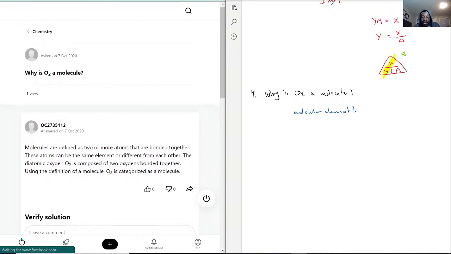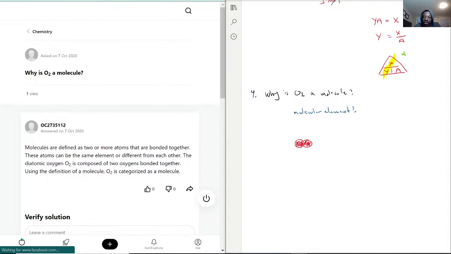There are different classifications. If we were to picture O2, it is two oxygens bonded together, and that's how they float in the atmosphere. That's the oxygen that we breathe.